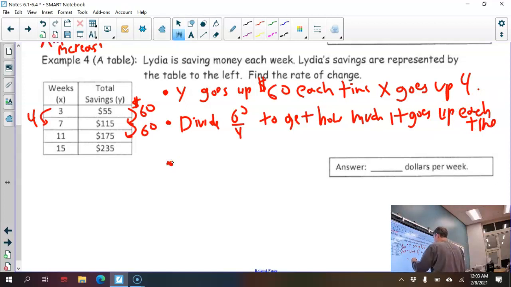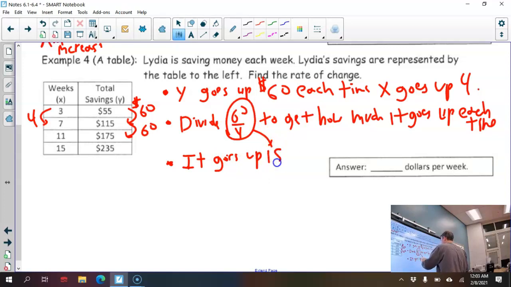And so let's see. It goes up 15 each time.